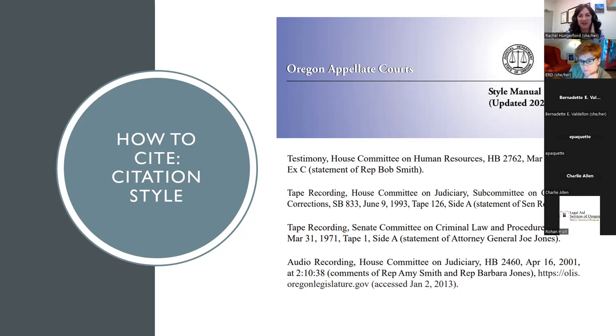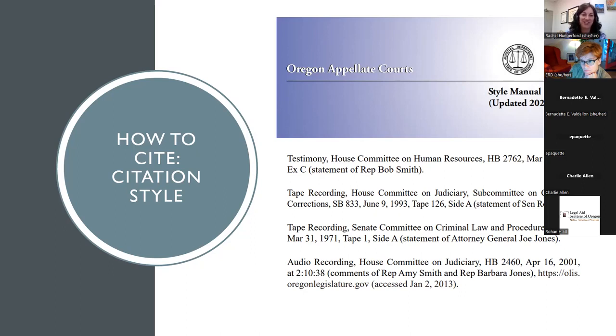This is from the style manual and just shows some examples. You can tell this was written testimony because it shows that it was an exhibit, versus the next ones, where somebody is citing to actual recordings of what was said.